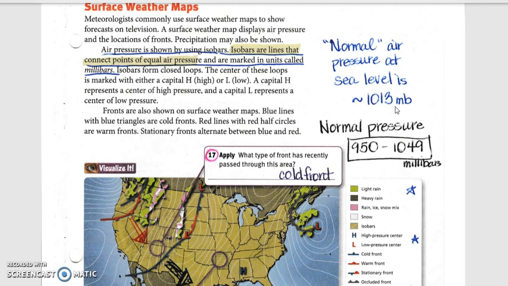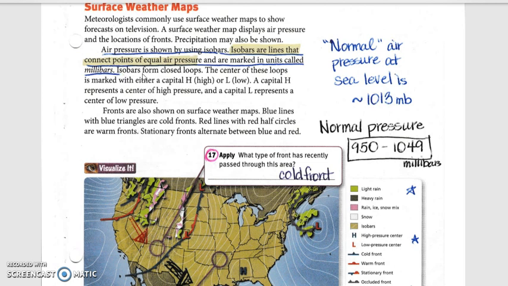It can vary a little bit, but that's the average. Okay? Normal air pressures are going to range somewhere between 950 and 1049. So they're going to be, you know, give or take 40 or so from this number. Okay? It's not going to vary a whole lot.